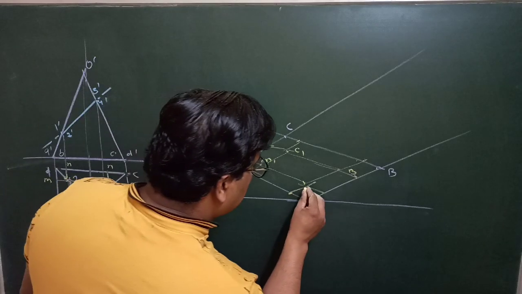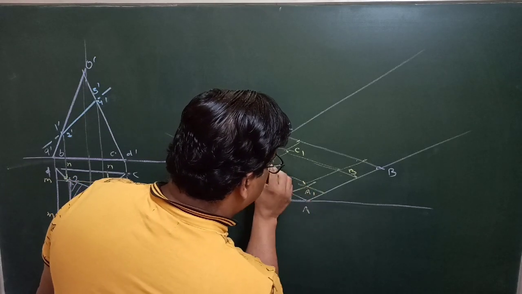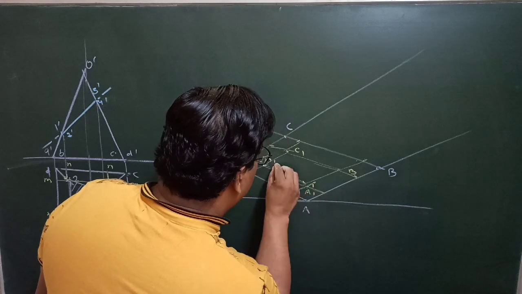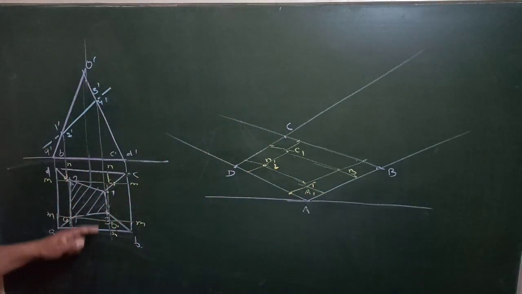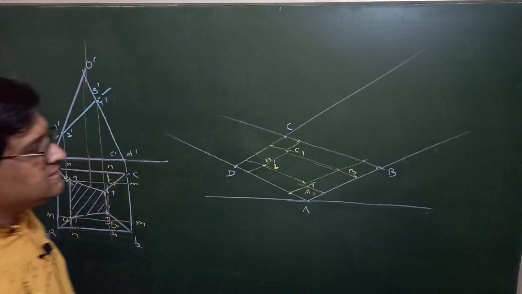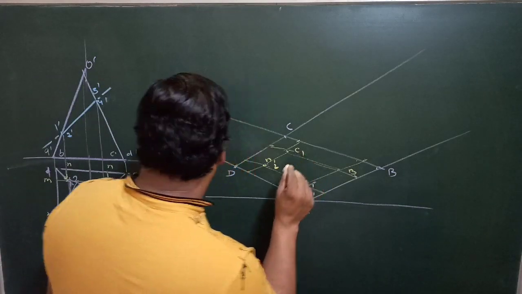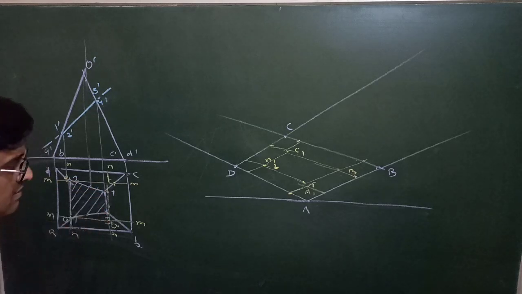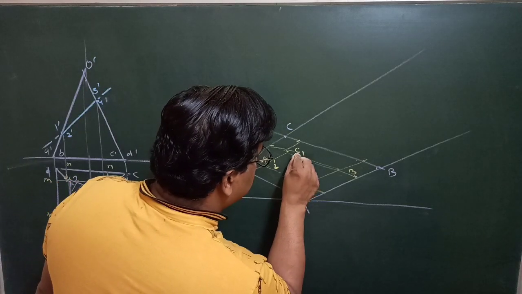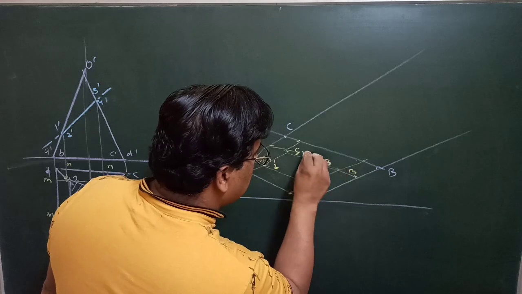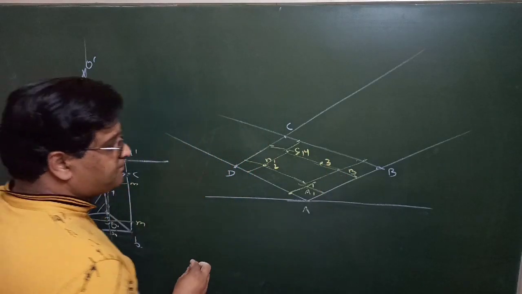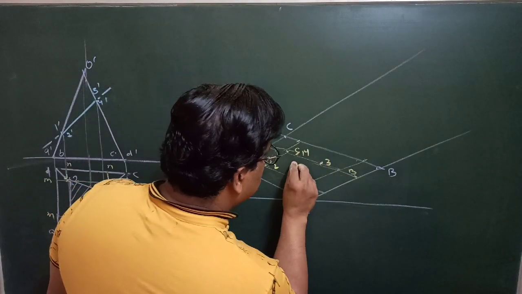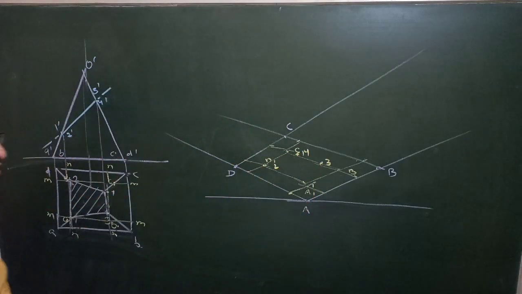Okay, so you can take 1 and 2 this side. Similarly, 3 and 4 can be easily marked. So you can take this distance and mark there, this distance and mark there. So this is, say for example, 3 and 4. Right? Now what to do?